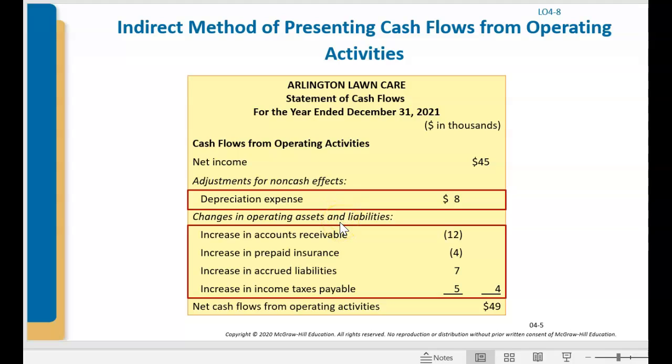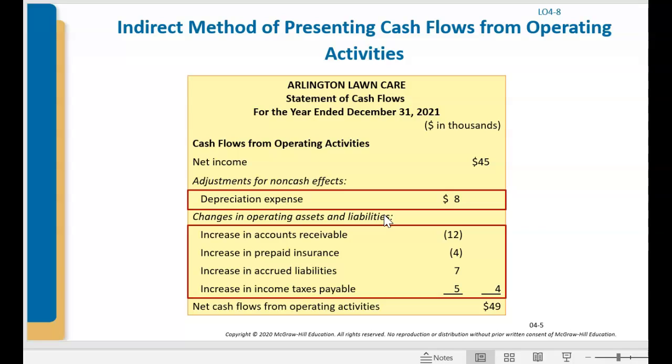And then the next section in calculating net cash flows from operating activities is called changes in operating assets and liabilities. The operating assets are the change in the current assets when you compare the prior year, 2016, current assets and liabilities to the current year, 2017.